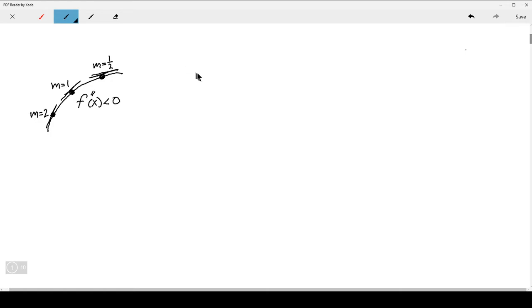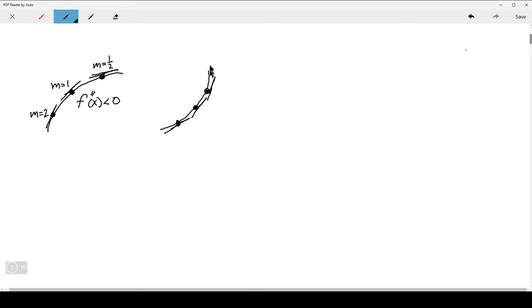If I turn this around, and I have a function now that's kind of going this way, and I'll take 3 points again, right here, and I look at the tangent line to the curve along these 3 points, what I can notice here is that the slope of this line is now increasing.